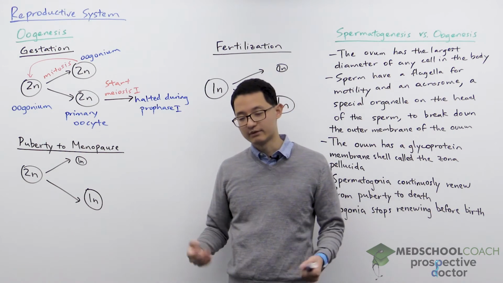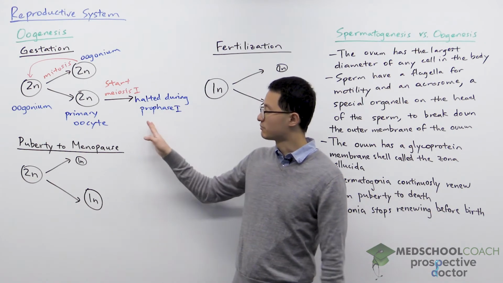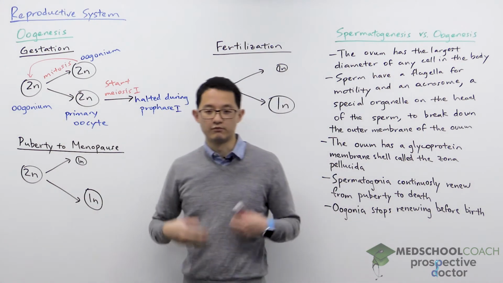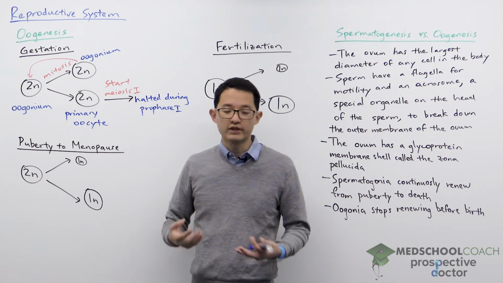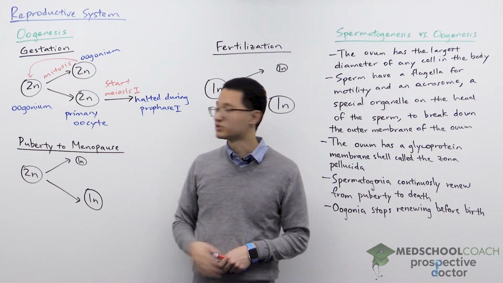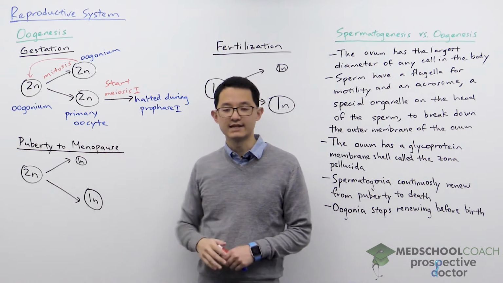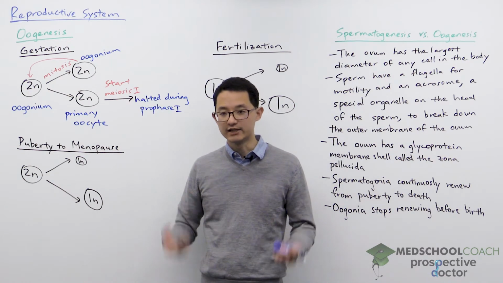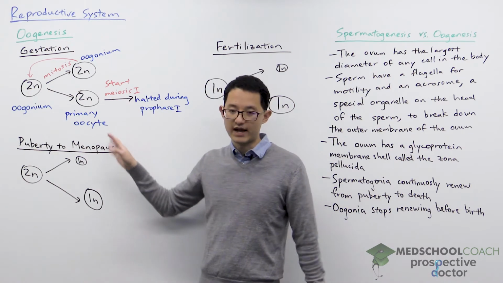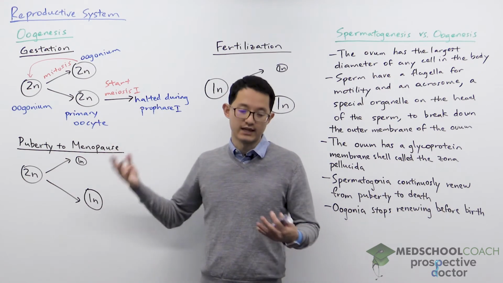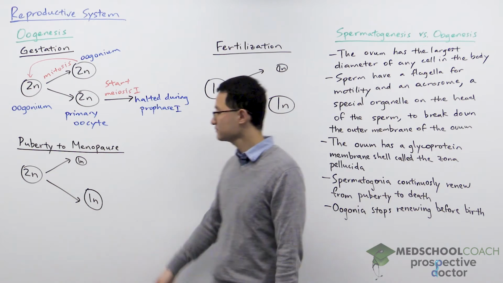Another important thing about females is that this process of forming primary oocytes and the oogonia renewing itself only happens during gestation, which means once the female is born, whatever number of primary oocytes she has, that number cannot increase. In fact, that number decreases as the female grows from the natural death of some of these cells.